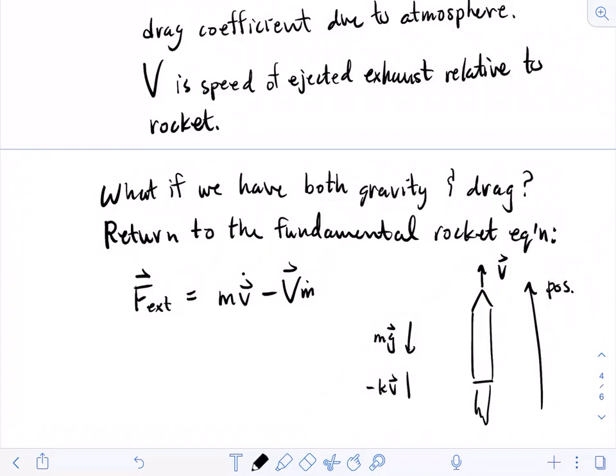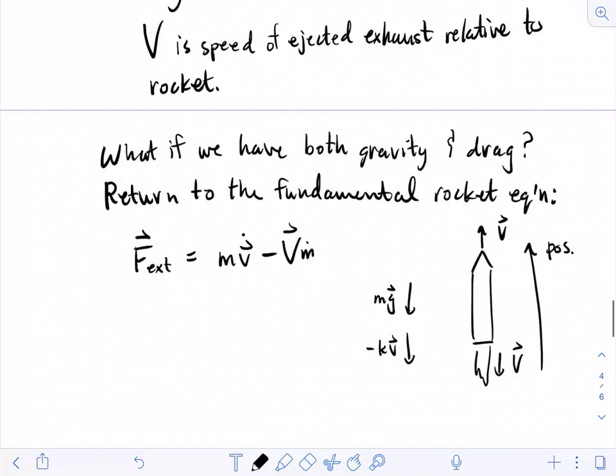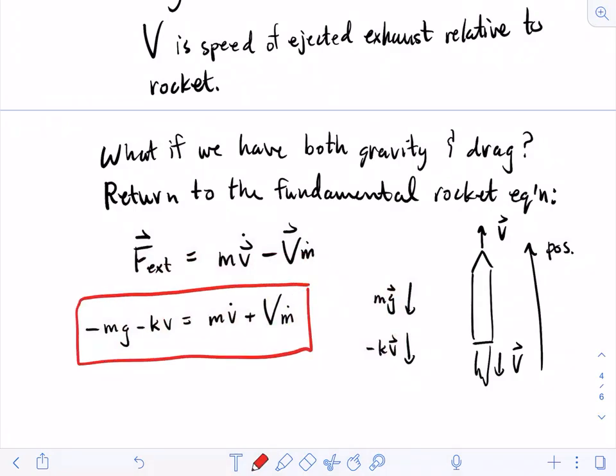The drag force acts in the direction opposite of the velocity, and the relative velocity of our exhaust is also negative. When we combine all those things, we have minus mg and minus kv equal to m v dot plus v m dot. I'm going to call this equation star because we're going to come back to it, so let's put it in a red box so that we can find it when we need to.